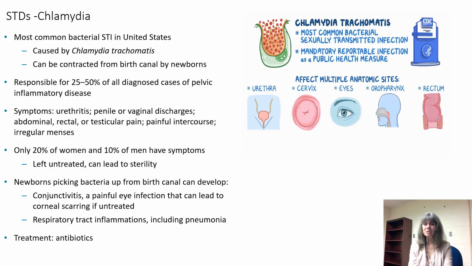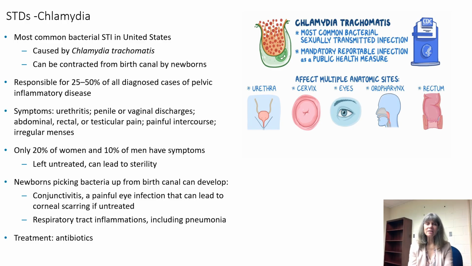The symptoms include urethritis, penile or vaginal discharges, abdominal, rectal, or testicular pain, painful intercourse, or irregular menses. Only 20% of women and 10% of men have symptoms. That means that people can have this infection and spread it while not realizing that they're infected.